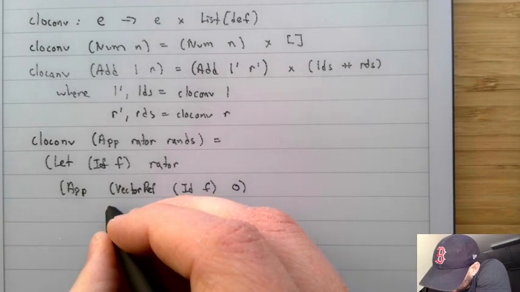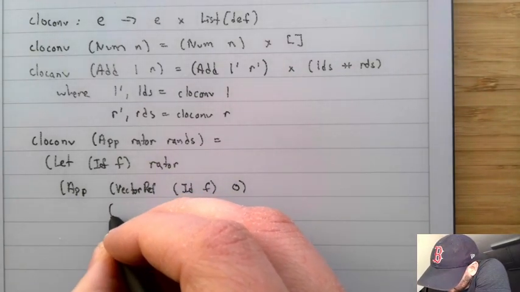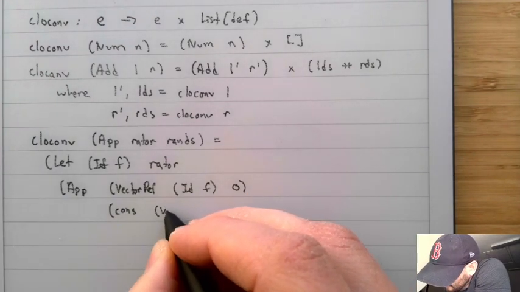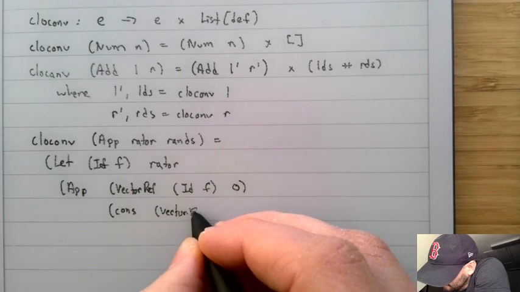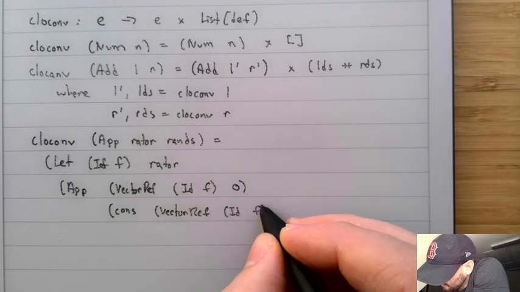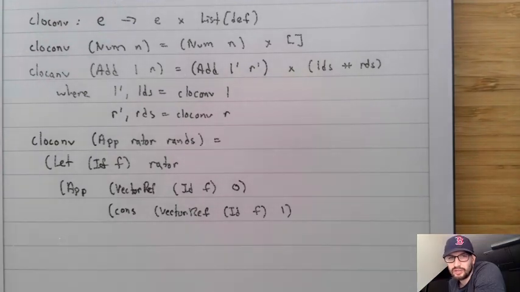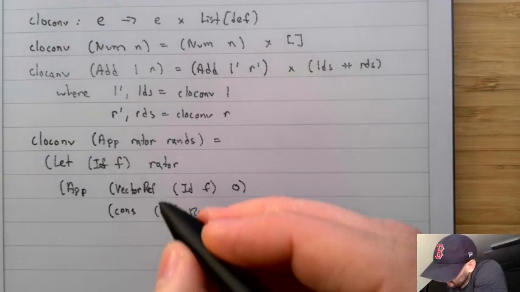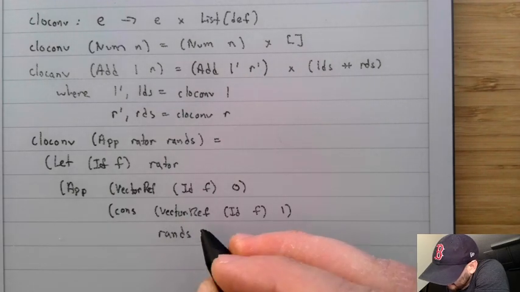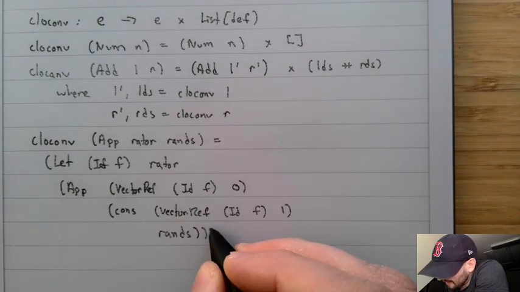And then we're going to apply this to the vector ref of the identifier f, 1. This is going to give us the closure. Then we're going to have the rands, and then we'll close the cons, close the app, close the let.